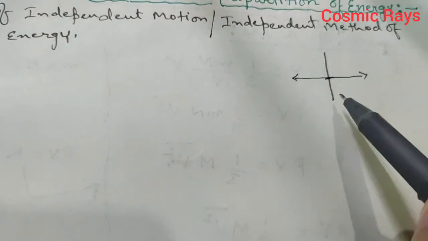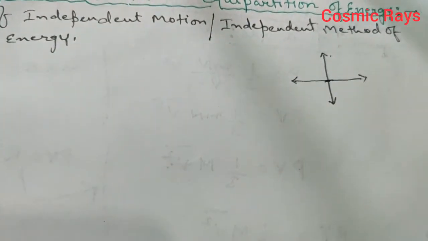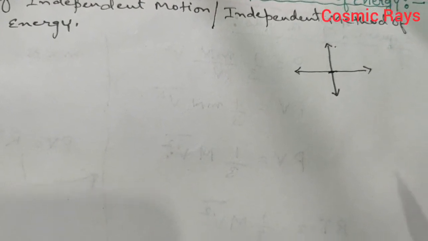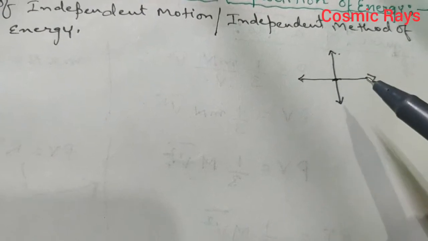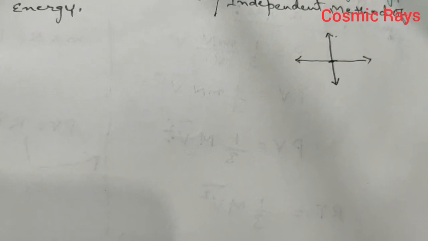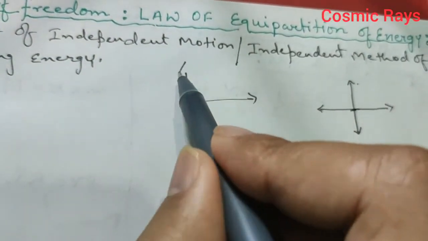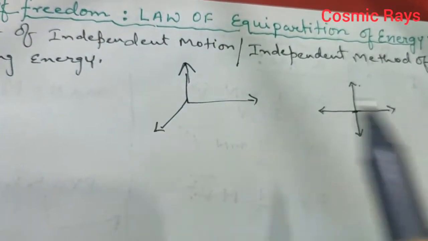It is also free to move along y-axis, so it can have this motion, and it is also free to move along z-axis. So here we say that for a monoatomic molecule, the degree of freedom is 3. That is x-axis, y-axis and along z-axis.